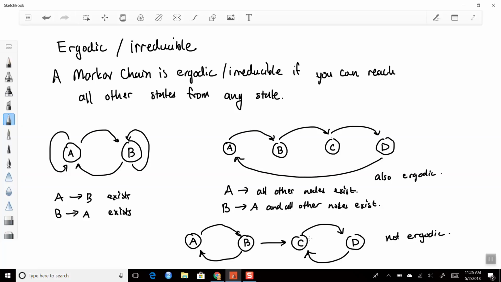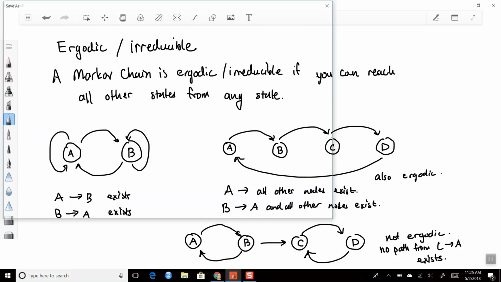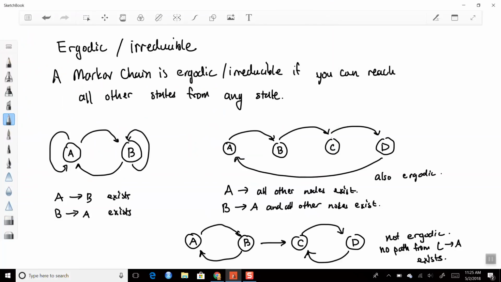But once you are at C or D, there's no path that gets you back to A or B. Okay? So no path from C to A exists. Okay? So this is a problem. All right, is that okay?